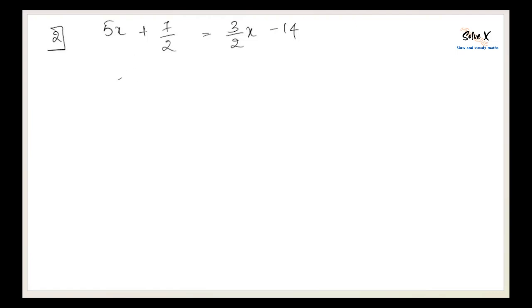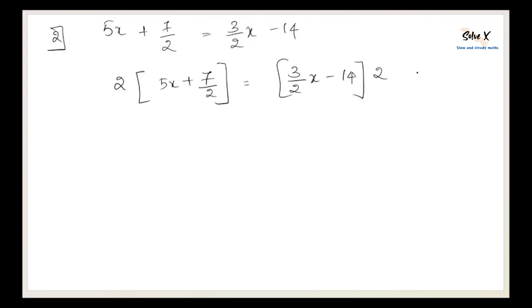I will multiply by 2 on both the left hand side and right hand side now, because LHS is equal to RHS, the equation is balanced.